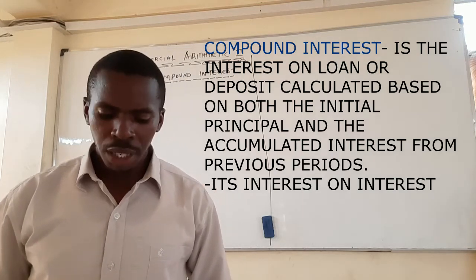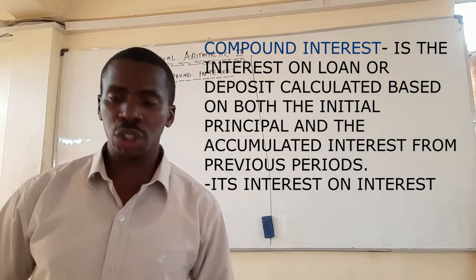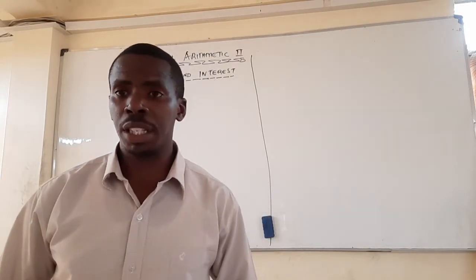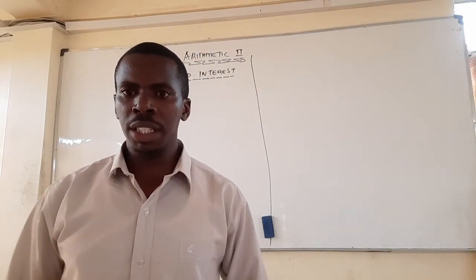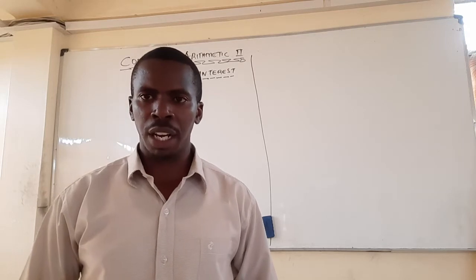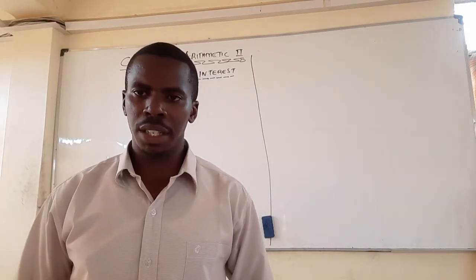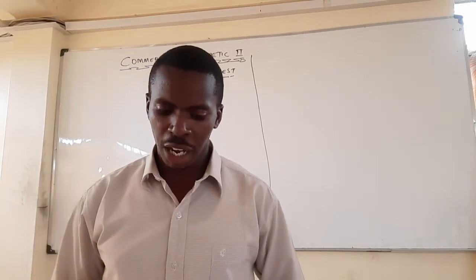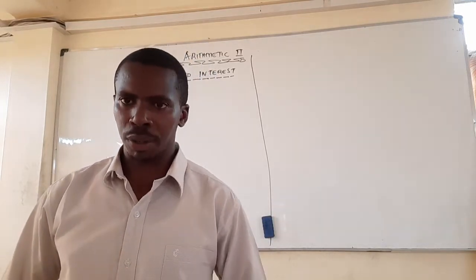It is as a result of reinvesting rather than paying it out. So when you get the interest, instead of it being given out, that interest is reinvested. That's where you come to have the compound interest.